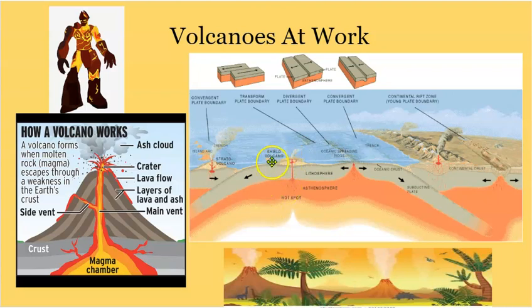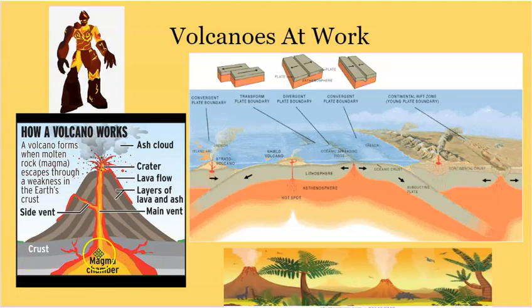In fact, Iceland is a shield volcano that is formed as a result of a hotspot, and Yellowstone is a caldera volcano that is formed as a result of a hotspot. Volcanoes formed from hotspots are the only type of volcano not made from plate tectonics. Hotspots are random. We'll talk more about them in a few minutes. But all the other types of volcanoes that we've just been talking about are a result of plate tectonics.